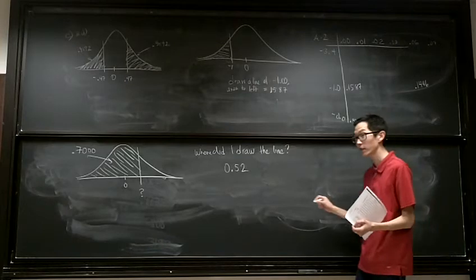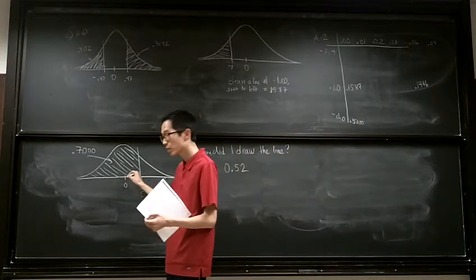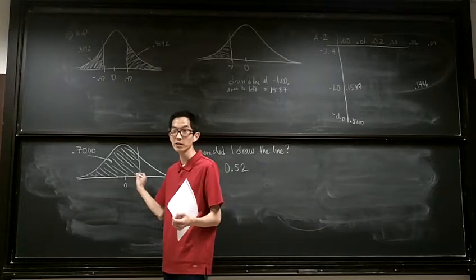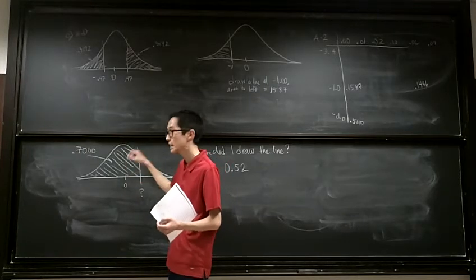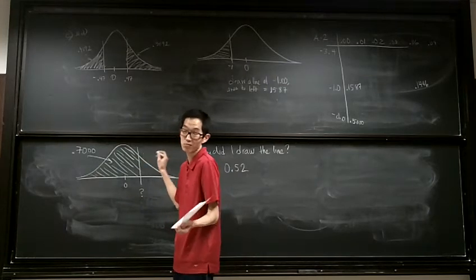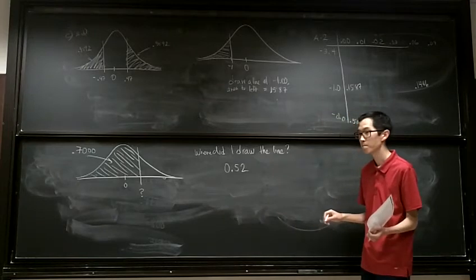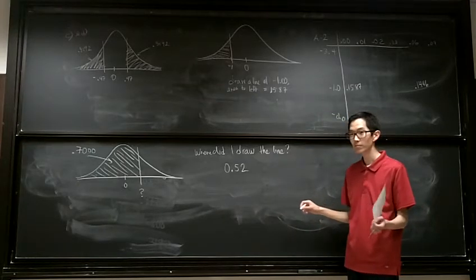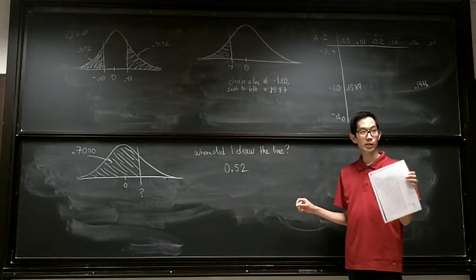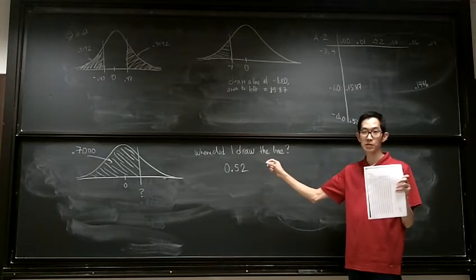Okay, so I've got 70% to the left of this line. From the picture, we know the number has to be positive, right? Because if I draw a line at 0, I only have 50%. If I have more than 50%, it's got to be to the right of 0. So we're looking for the number closest to 70%, or closest to 0.700.